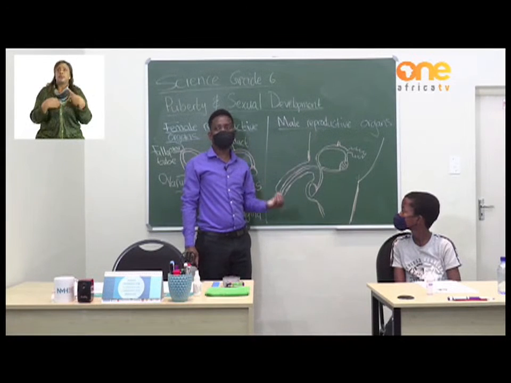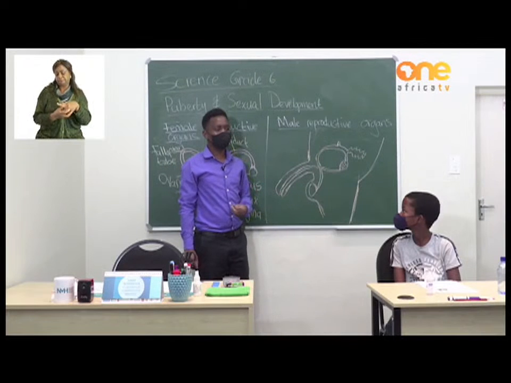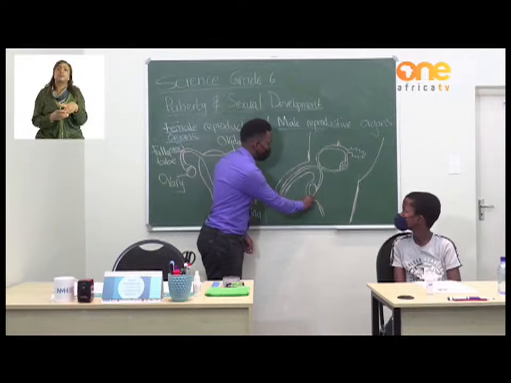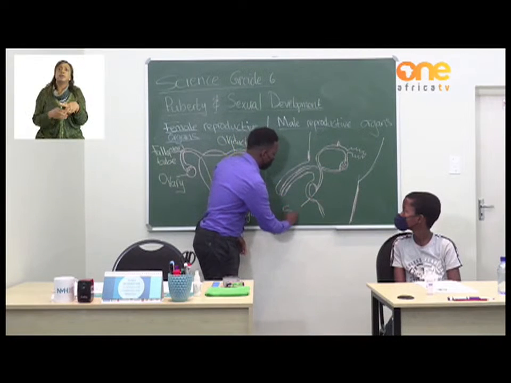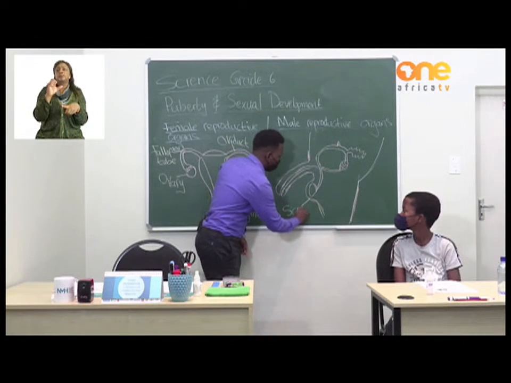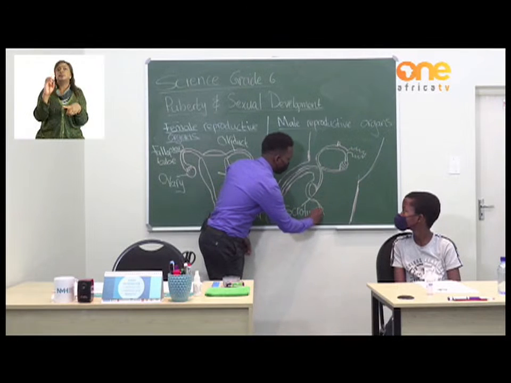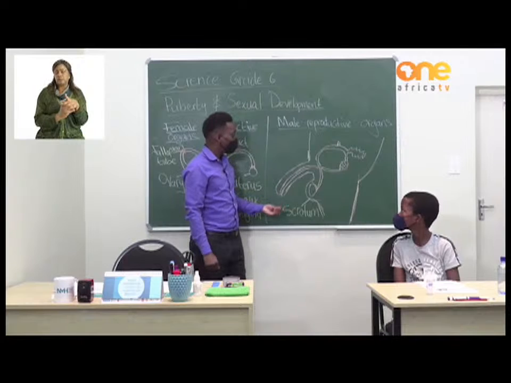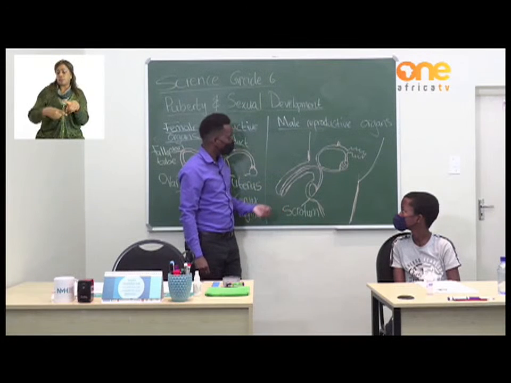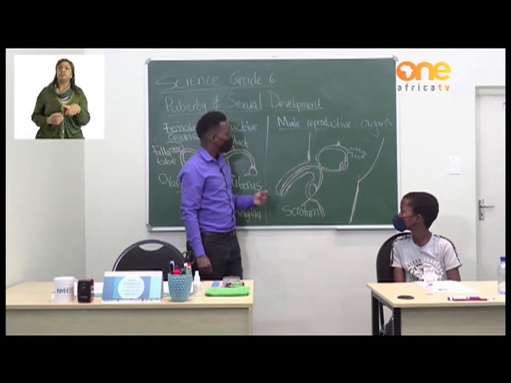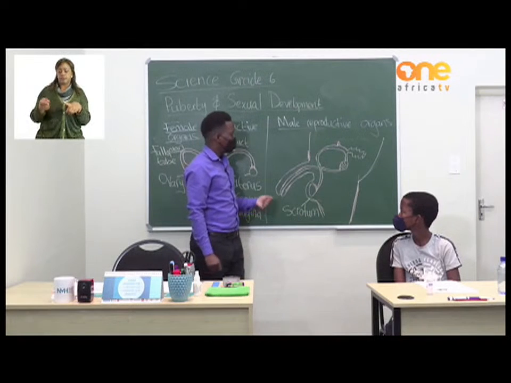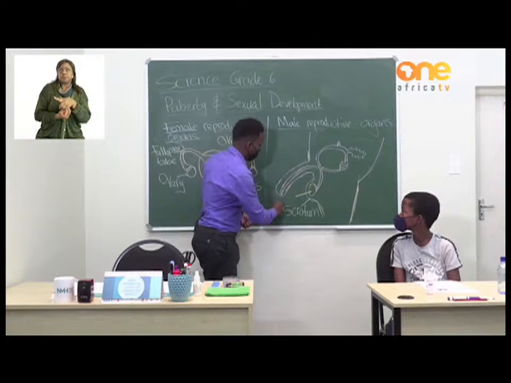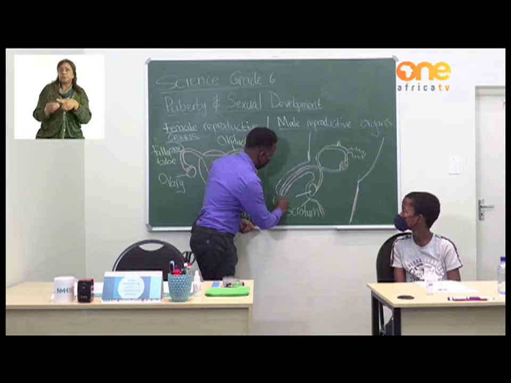You have to have a starting point and an ending point. And for this structure, our starting point will be at the scrotum. Now, the scrotum is part of the external organs that hangs outside the man's body. But inside the scrotum, we have a structure known as the testis.